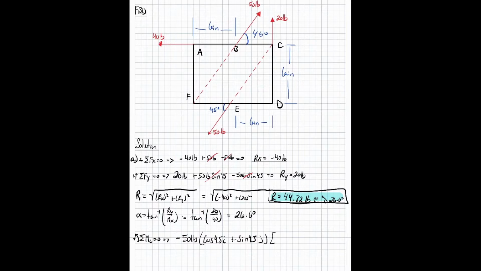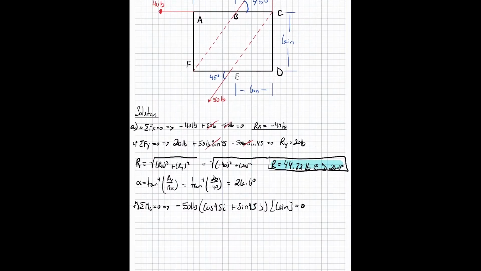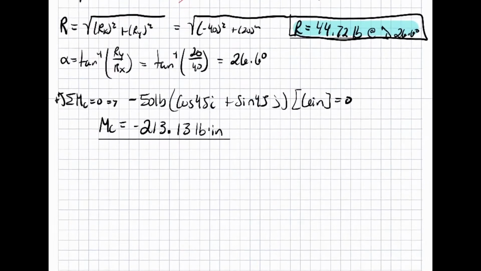All that is being multiplied times the perpendicular distance of 6 inches, all equal to 0. We get a moment about C to be negative 213.13 pound-inches. Now that's not something that they directly asked us for, but we need it in order to find parts B and C.